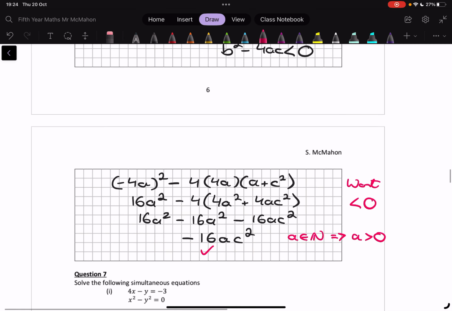So a is positive, and c² is also positive. So two positive numbers multiplied by a negative number means that -16ac² is less than 0. And therefore we have no real roots. So two complex roots, or no real roots. So therefore, no real roots.